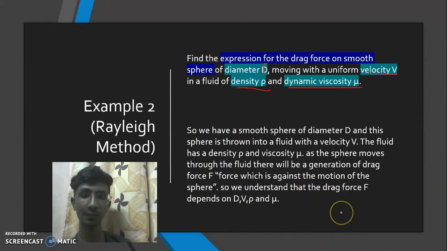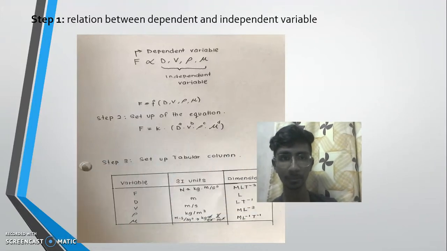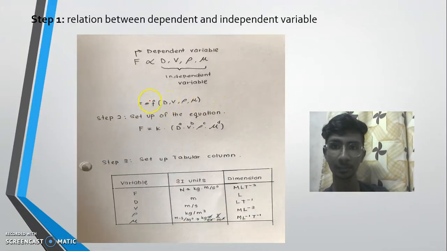We have a smooth sphere of diameter d, and this sphere is thrown into a fluid with the velocity of v. The fluid has the density ρ and viscosity μ. As the sphere moves through the fluid, there will be a generation of drag force, against the motion of the sphere. So we need to understand that drag force depends on d, v, ρ, and μ. The dependent variable is directly proportional to the independent variables, so the dependent variable is a function of the independent variables.